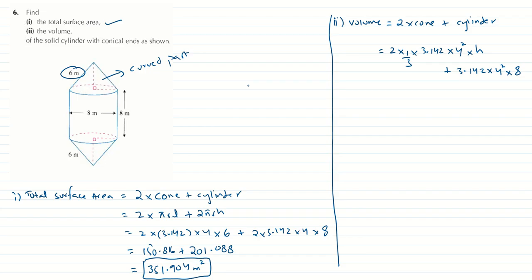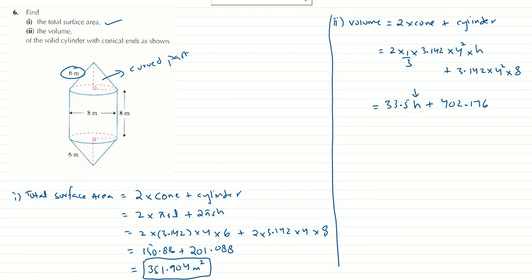Now over here when you solve it, this is going to be 33.5 multiply by h, so 33.5 h plus 402.176.